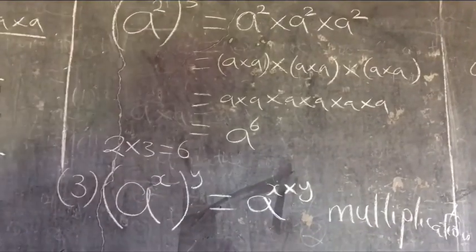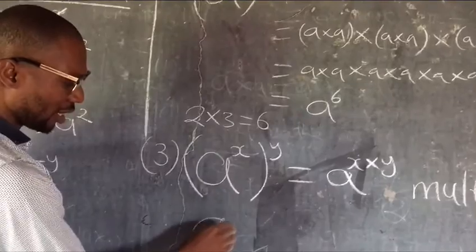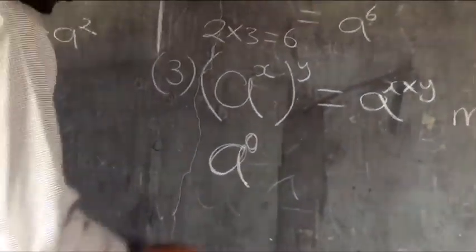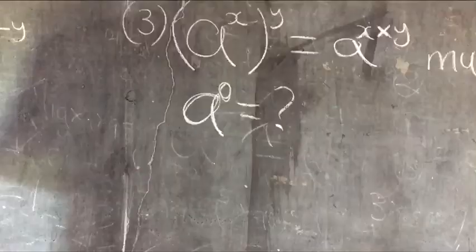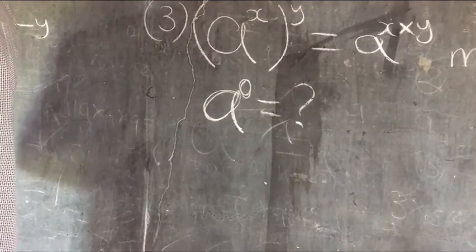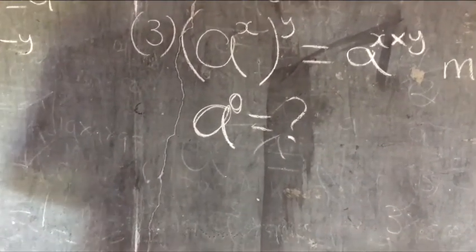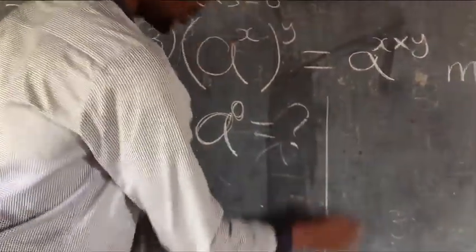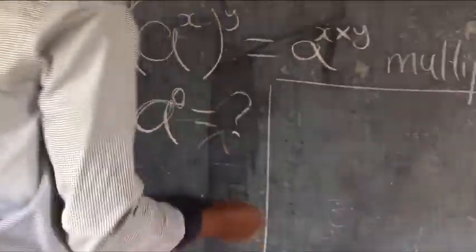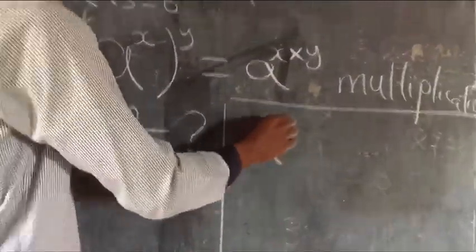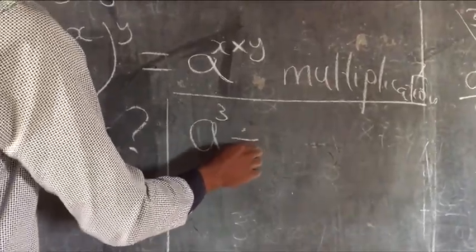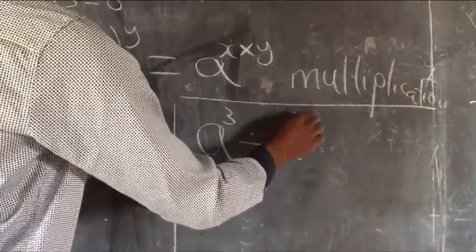Remember when I told you, when we talk about powers, what if I raise a number to 0? What will the answer be? We can use law number 2 to answer this question. Imagine I have a raised to power 3, and I divide it by the same a raised to power 3.